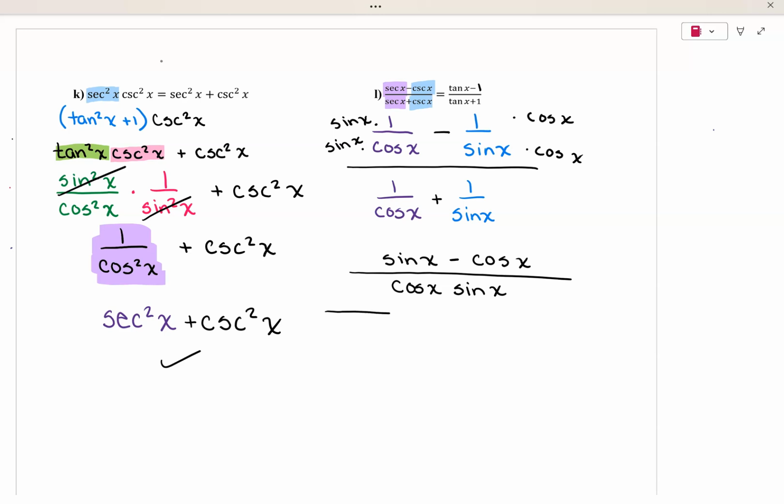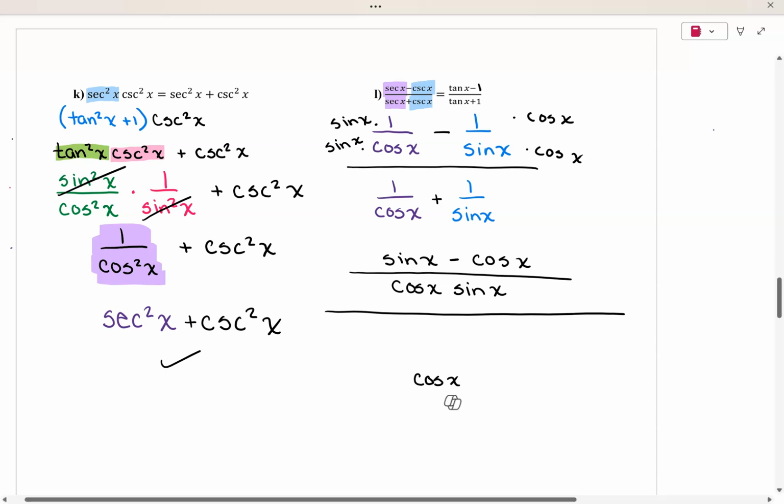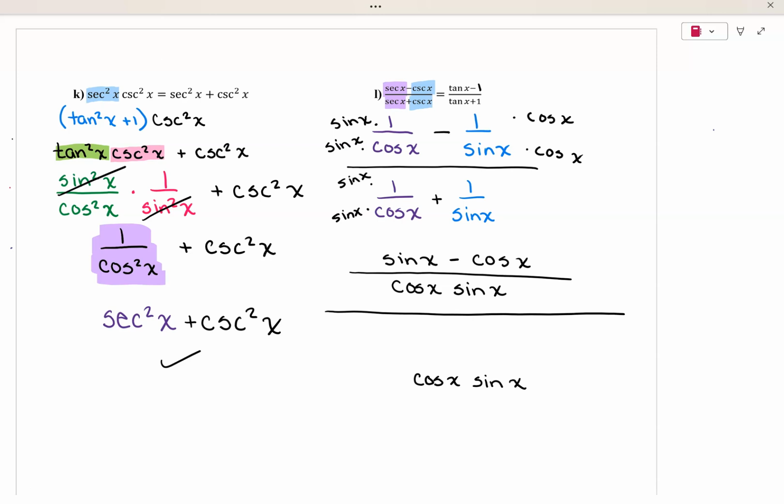Okay, now this is all over, and it looks like we're going to get the same common denominator. I'm going to write them right next to each other. But this one again, just like we did, will get multiplied by sine. And this one will get multiplied by cosine.